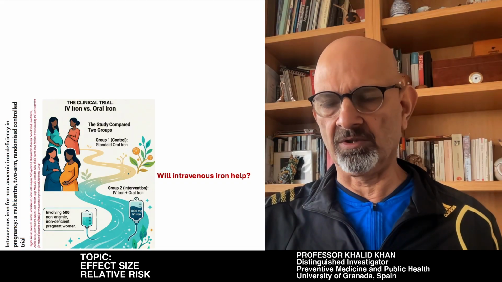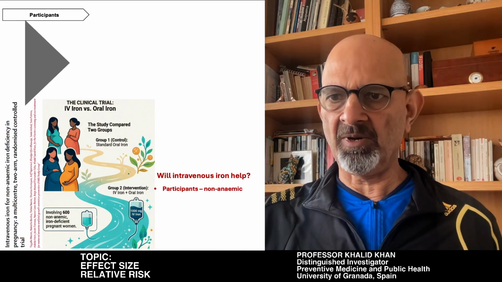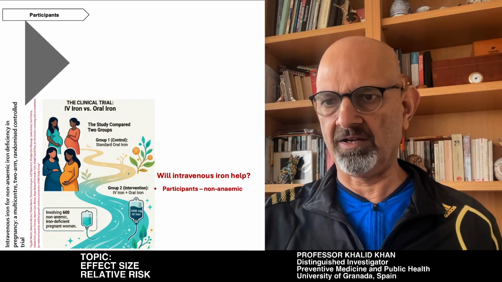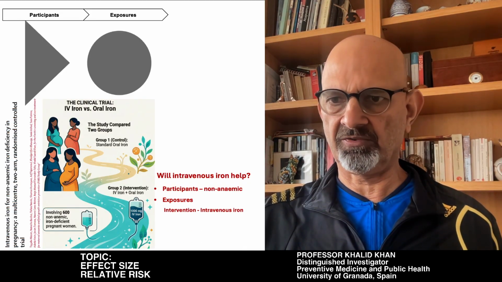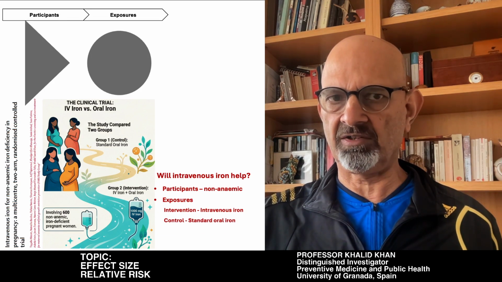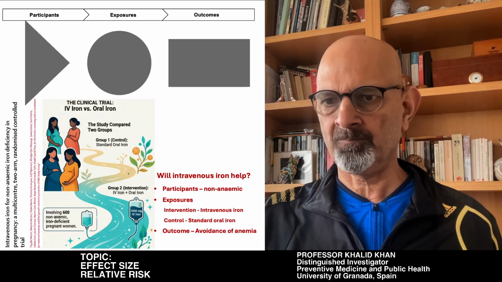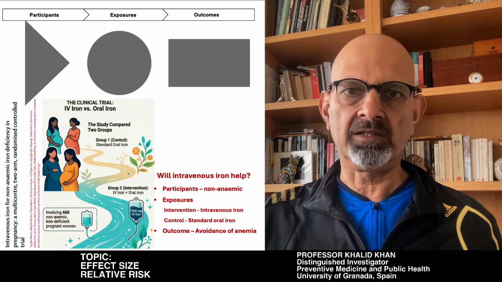So if this is our simple question, then the participants are non-anemic mothers who have iron deficiency. One group will receive the intervention, which is intravenous iron, and the control strategy, or the standard antenatal care, involves giving oral iron, and the outcome is avoidance of anemia at the time of delivery.